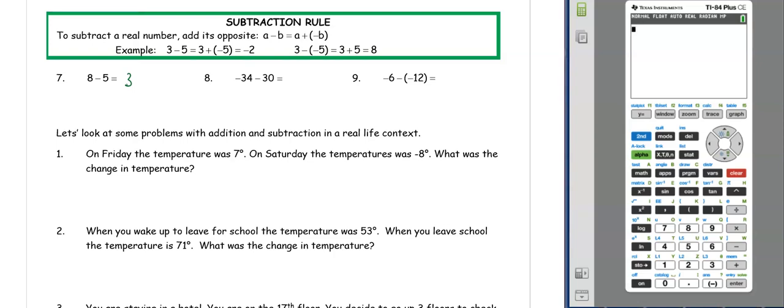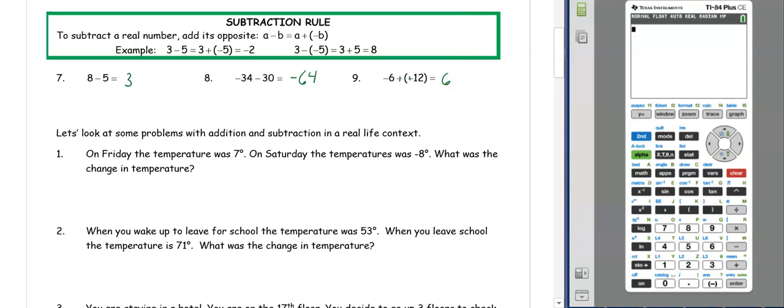Think about it as like you owe someone $34 and then you owe them another $30. So this is going to be negative 64. In number 9, we have negative 6 minus negative 12. Now here, when there are two negatives in a row, remember that becomes a plus sign. So we're really doing negative 6 plus 12, which gets us 6.